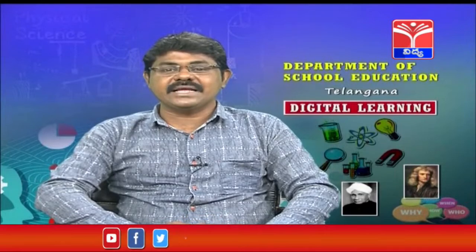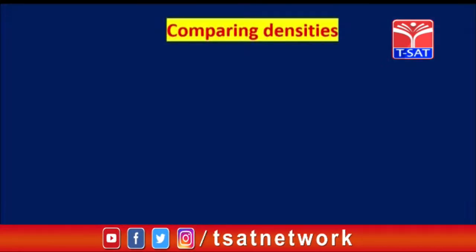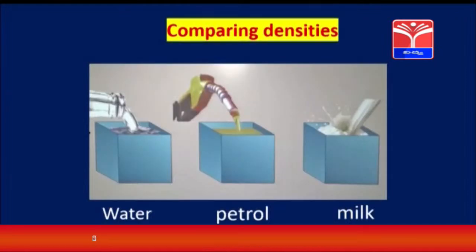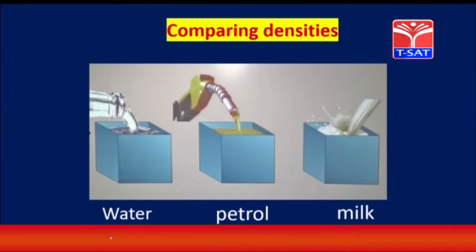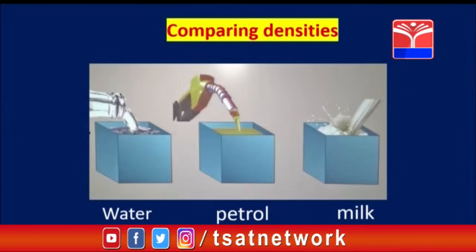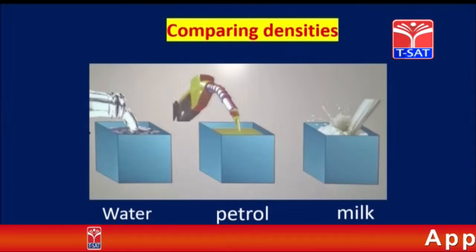Now comparing the densities. How can you compare the densities of different objects? Dear children, you can see we have three different boxes. This is an interesting thing. We have three identical boxes and we filled one with water, one with petrol and one with milk.